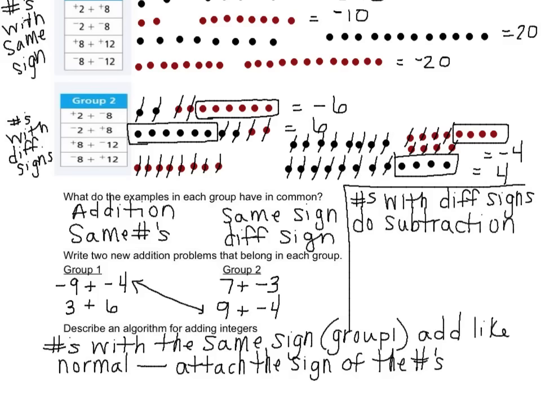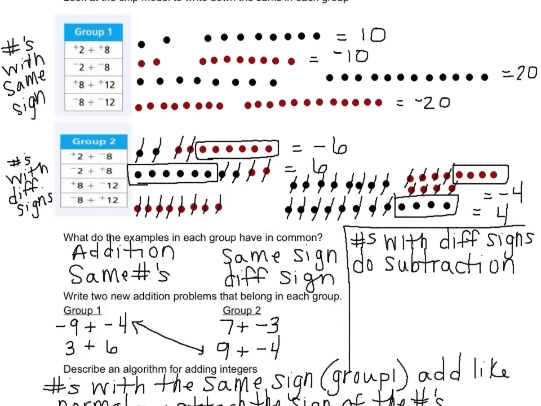Then, in order to determine if your answer is positive or negative, you need to take the sign of the bigger number. So here, 8 would be a bigger number than 2. 8 is negative, so my answer is negative. And the second one, 8's larger and it's positive, so you can see that my answer is positive, or there's no negative sign there.